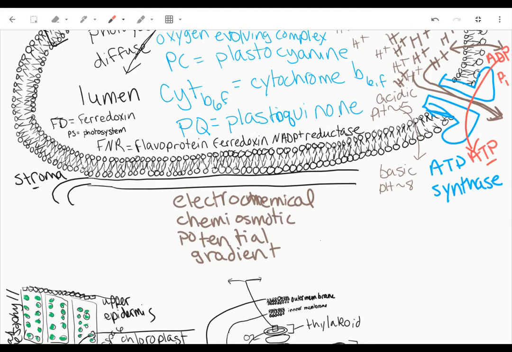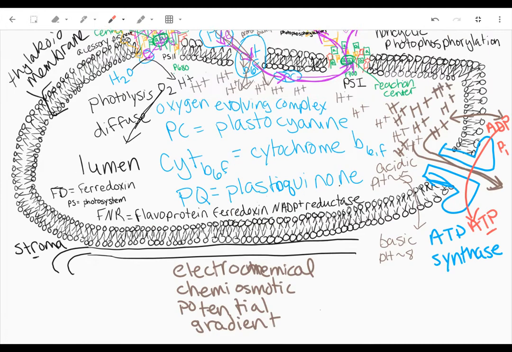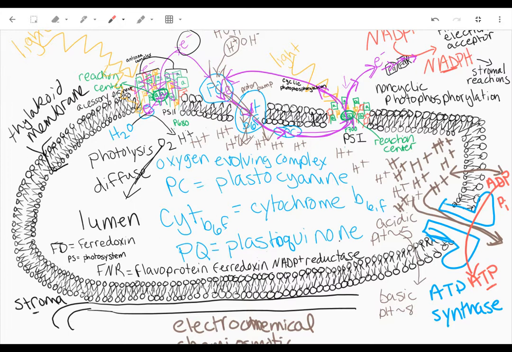So this completes the thylakoid reactions. Okay, we started with the light coming in, bouncing around in resonance energy, boosting an electron. Once that electron gets boosted, it gets passed through that electron transport chain, and it can either be put into a non-cyclic or a cyclic version.